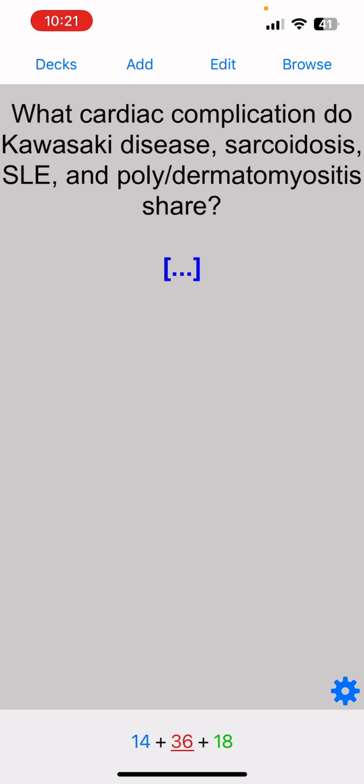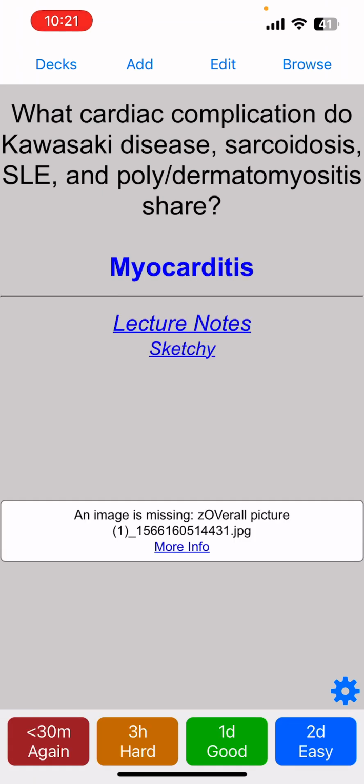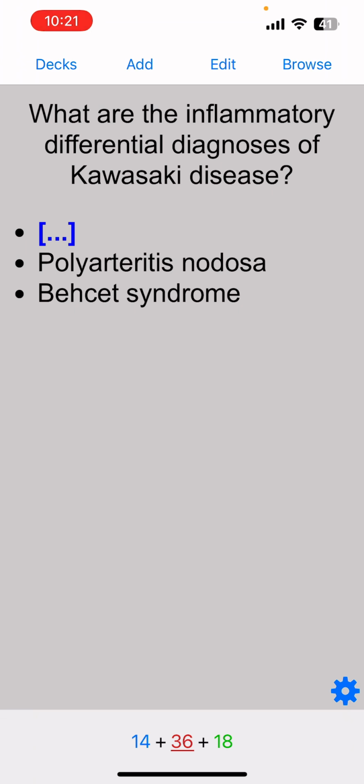What cardiac complication do Kawasaki disease, sarcoidosis, SLE, and poly or dermatomyositis share? Myocardial infarction. Myocarditis. Oh, sorry. Kawasaki disease. Oh, yeah, never mind. What are the inflammatory differential diagnoses of Kawasaki disease? Inflammatory.